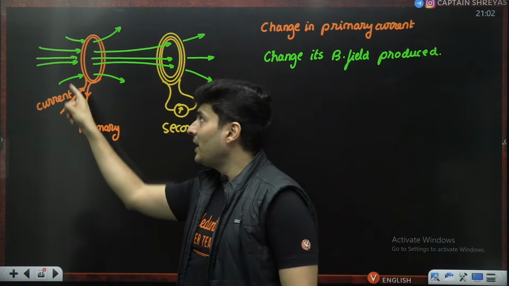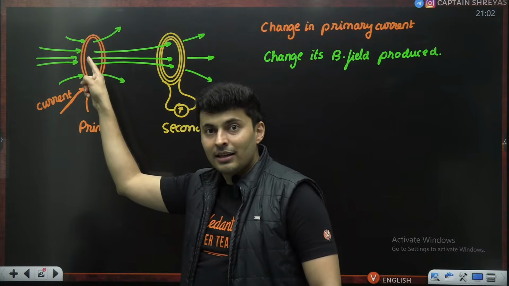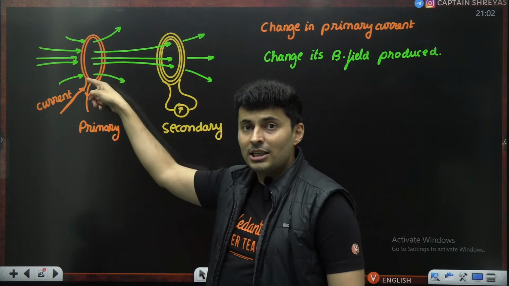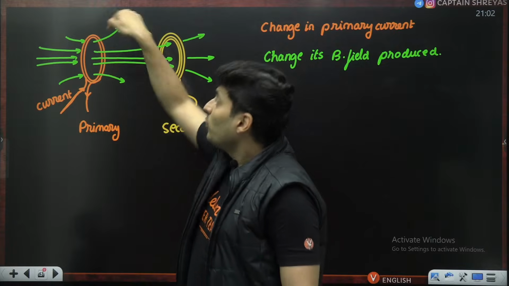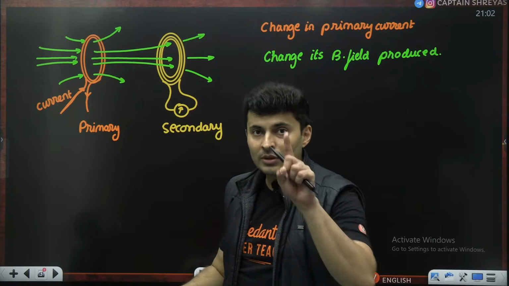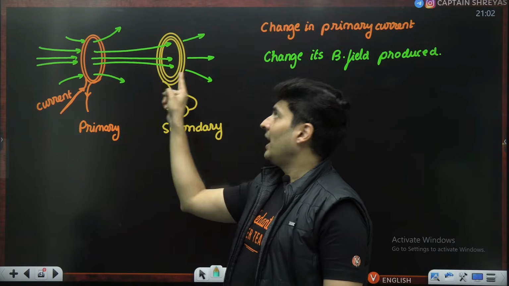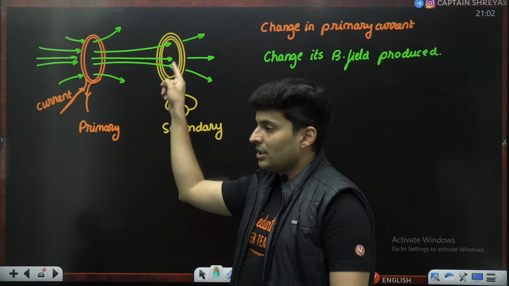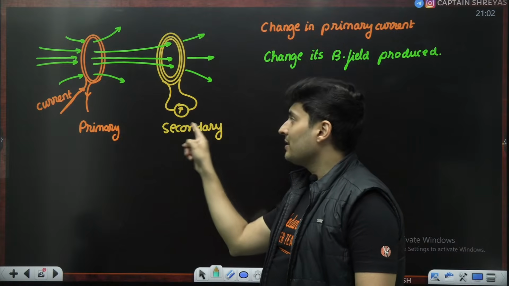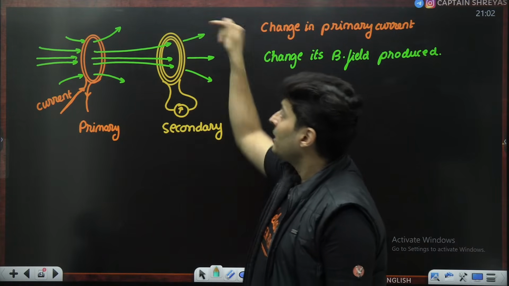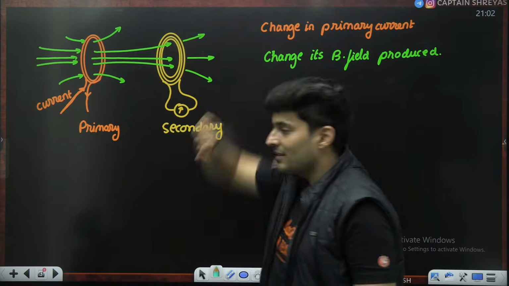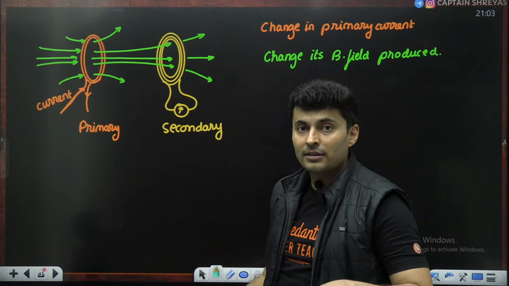But at the same time, inside this coil, because the current is changing, it will produce an EMF within itself. Not just that, because there is EMF produced here and the EMF could change, there is changing current in the secondary that will create an induced EMF within that secondary, which is self-induction.